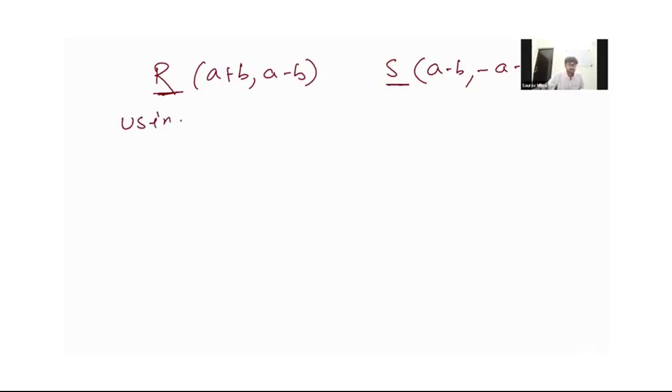Let us take another example: one point is R, a plus b comma a minus b, and another point is S, a minus b comma minus a minus b. We have to find the distance between R and S using the distance formula.